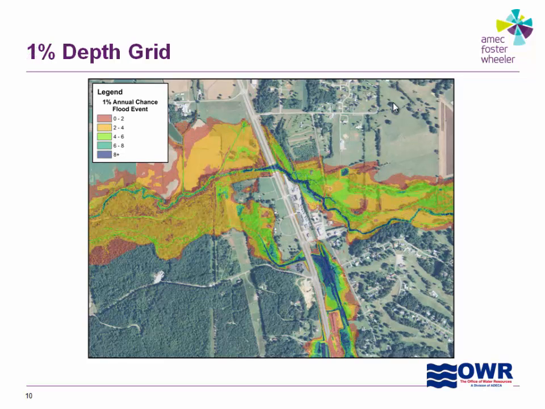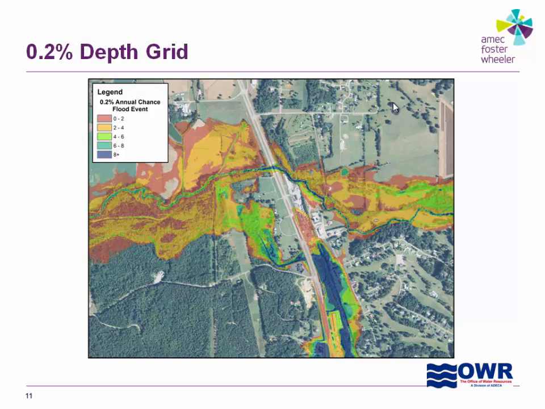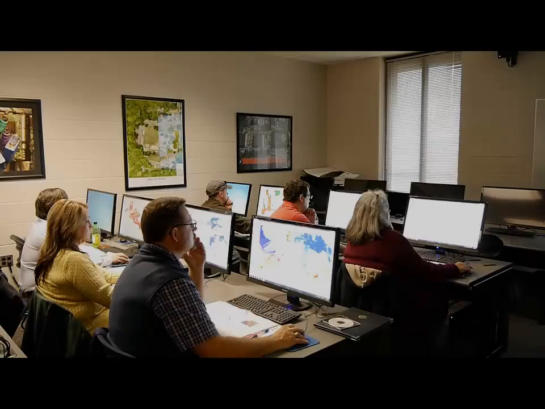There we have the 1% with the big jump there. And then right there, deeper there with the 0.2%. And with that 0.2%, you can see even as wide as this expands, this right here is especially hard to hit with how deep this actually gets in the flooding.